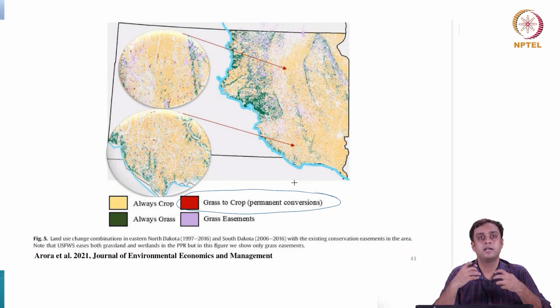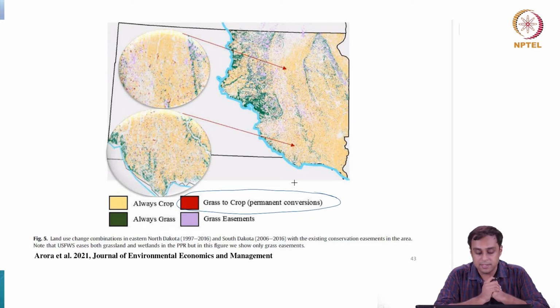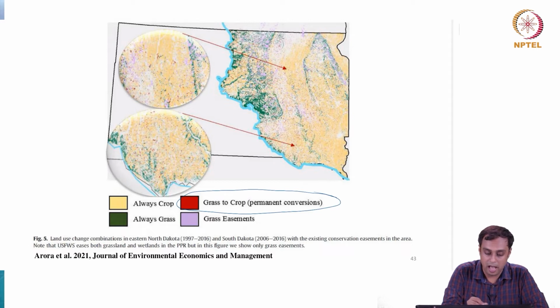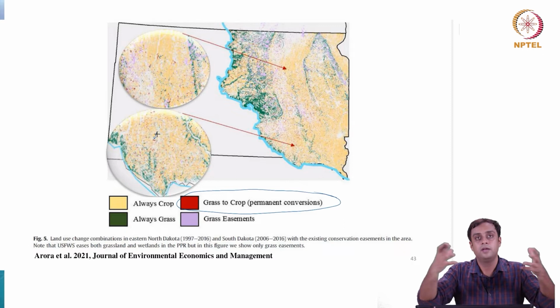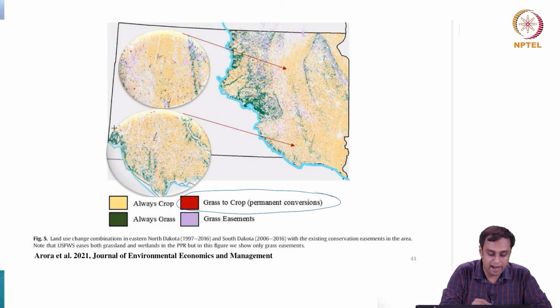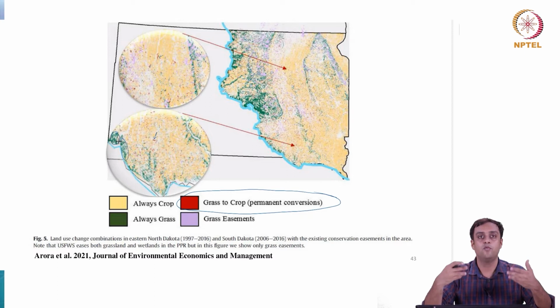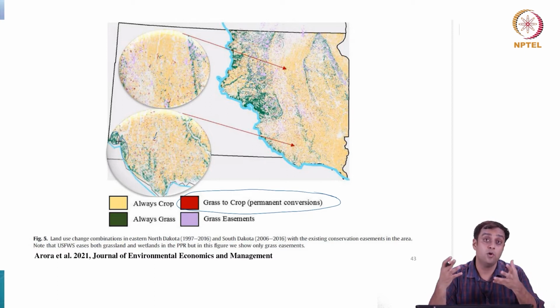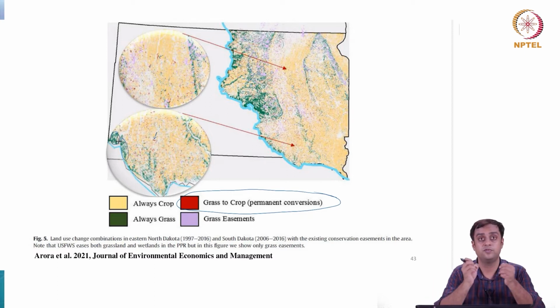If you are trying to understand when or where exactly conversion decisions happen, this image tells you that the decision to convert happens as islands in large cropland tracts, right. So you have large grassland tracts, you don't see too many reds there. The reds appear over time in regions which are yellow or in between those regions which are yellow.